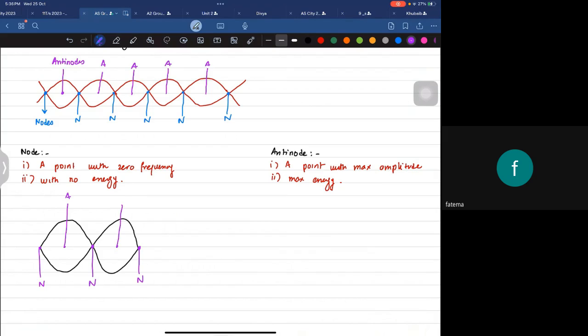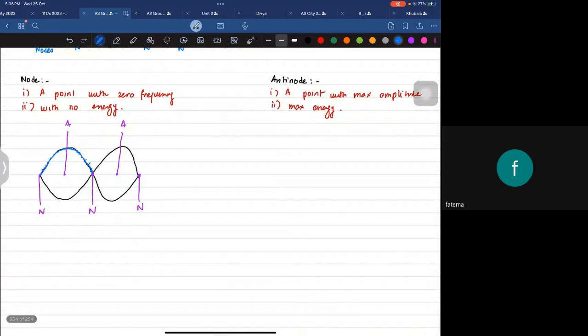If you notice that between a node and a node, this whole thing is just half a wave. So a node to node distance is half lambda.